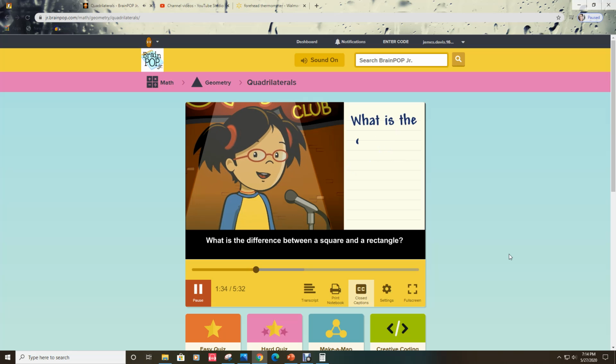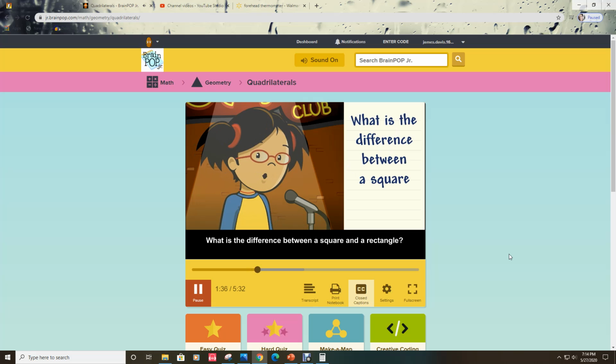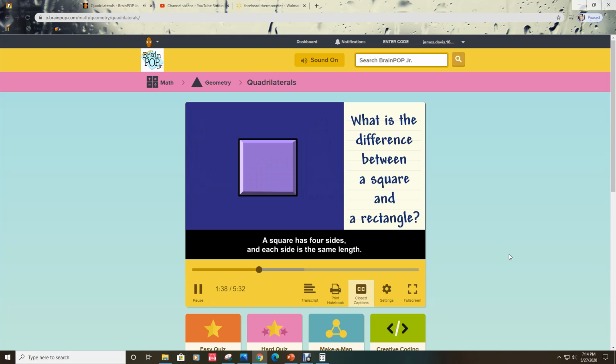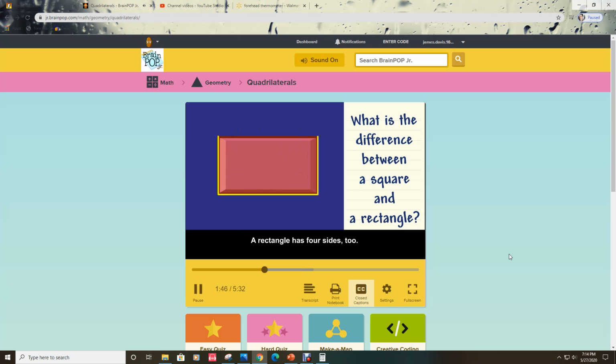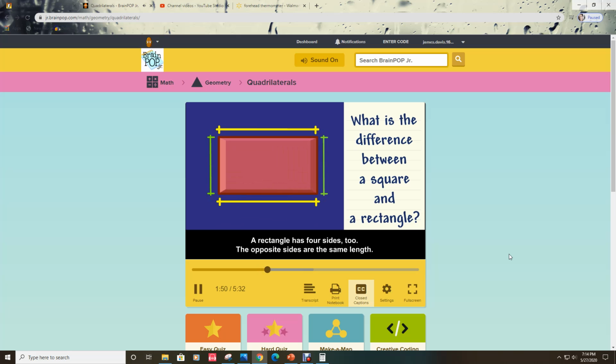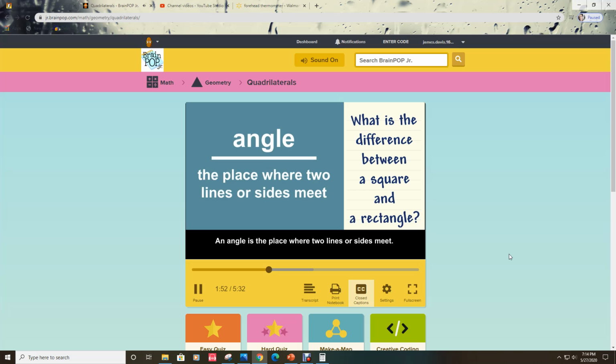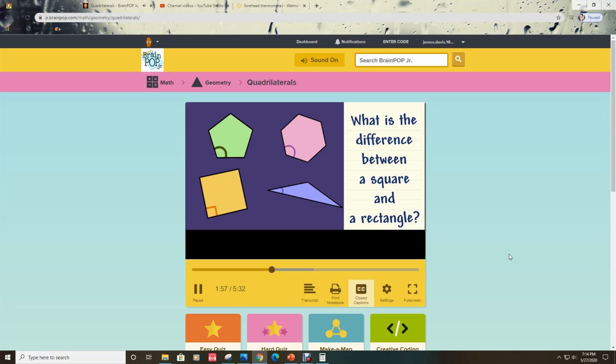What is the difference between a square and a rectangle? A square has 4 sides, and each side is the same length. A rectangle has 4 sides too. The opposite sides are the same length. An angle is the place where 2 lines or sides meet. A shape can have different angles.